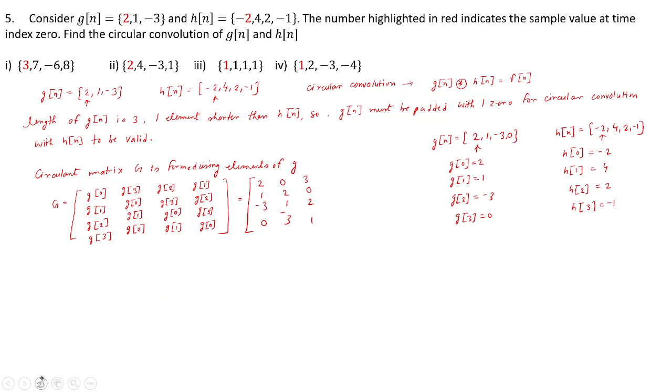Let me write down the -3 in a proper manner. -3 here, -3 here, and here becomes 1, -3, 0, 2. Okay, this is the structure of matrix G.